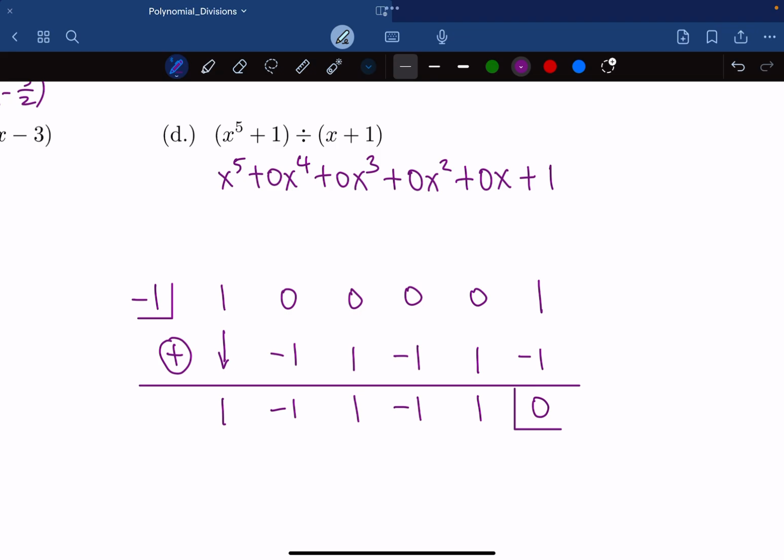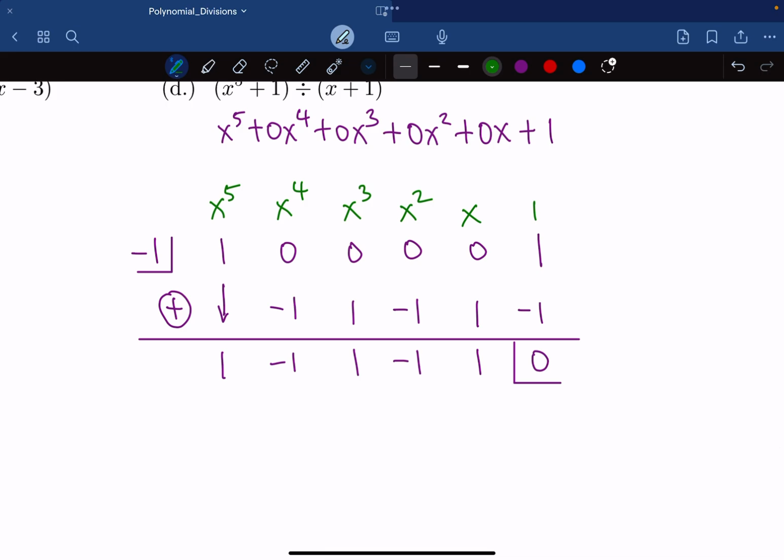So this one also has no remainder. And then we remember our polynomial starts with x to the 5th, then x to the 4th, x to the 3rd, x squared, x, and constant term. Therefore, on the bottom of each column, we lose a power.